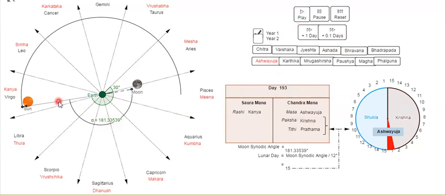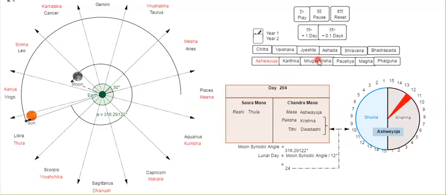So it goes on, it's the Purnima, then the Krishna Paksha. Let's see. This is the Panchami, but it is the Panchami of the Krishna Paksha. It is the Krishna Dwadashi, the 12th after the full moon.